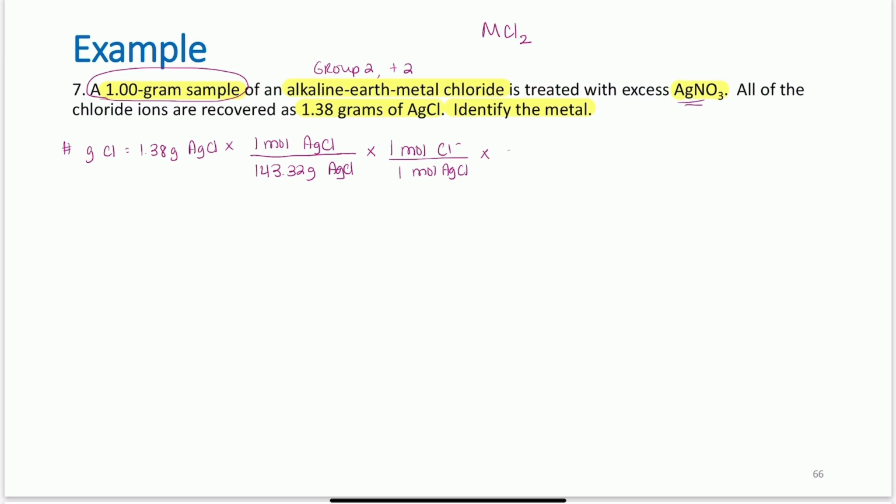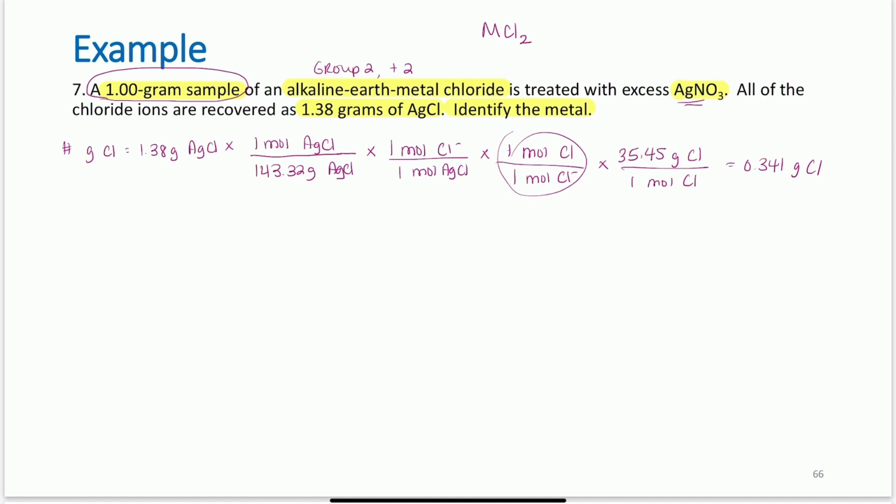If you want to, you can even say, 1 mole Cl to 1 mole of Cl minus. That's fine. I don't care if you don't include this step. Times 35.45 grams of chlorine to 1 mole of chlorine. 0.341 grams of chlorine.